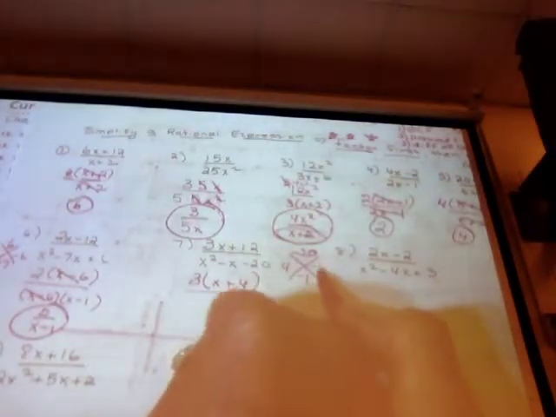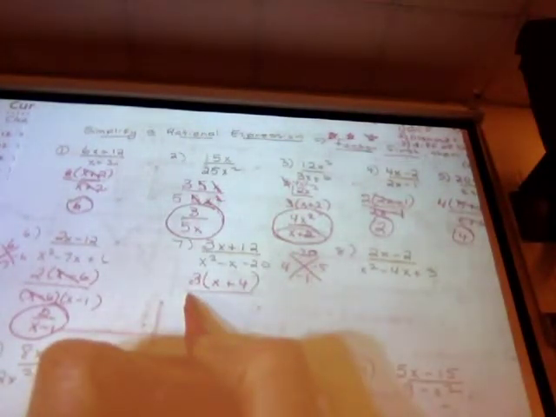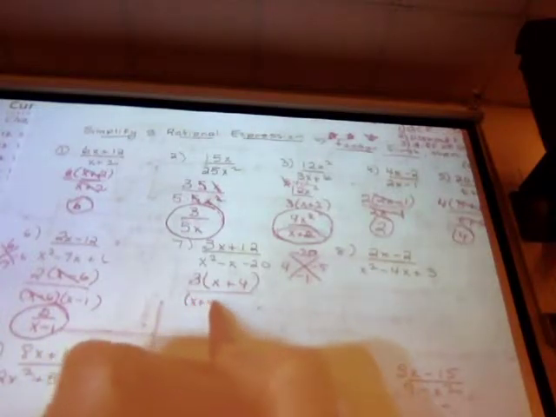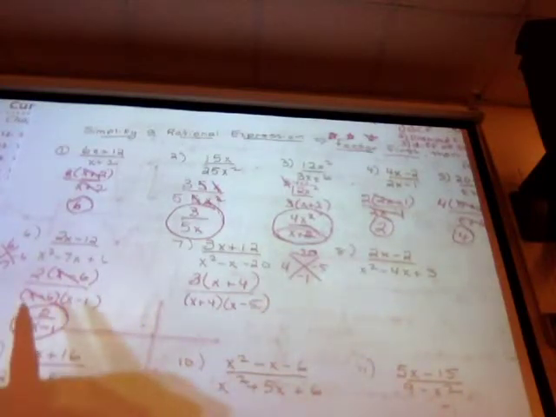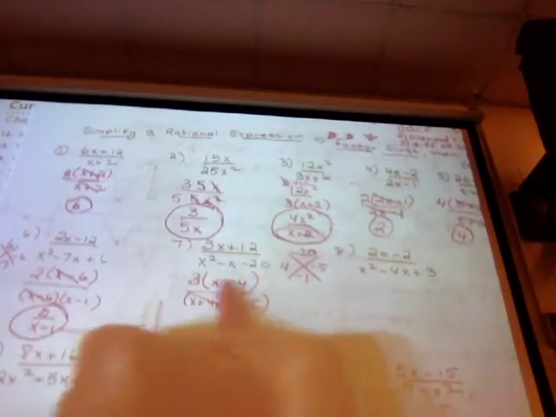Very good. And so it would be x plus 4 times x minus 5. Okay, and then what can I remove? x plus 4. Okay, so if you didn't get factoring and the diamond before, you've had since chapter 7 we've been doing it. So now we're up to chapter 12. So hopefully by now you've got it mastered.